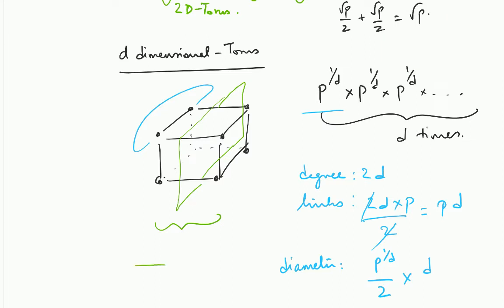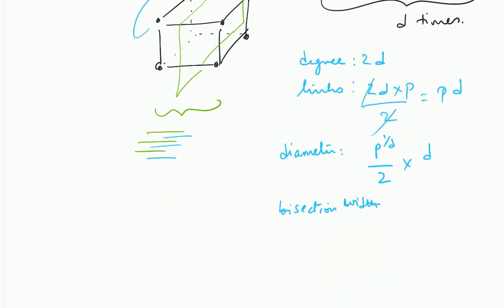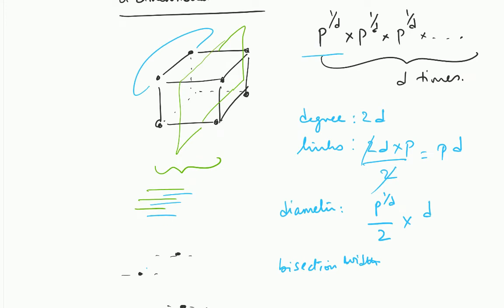So you will see something like this: one dimension, and then below this, green is one row, blue is another row, and so on. If I just take the projection on this green plane, what is that projection going to look like? You'll see 4 links crossing over here. It's going to be exactly a 2D grid. Okay, so what is the bisection width?